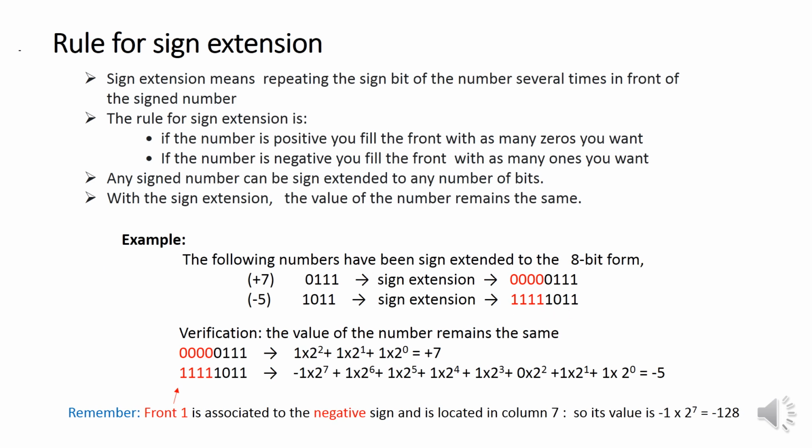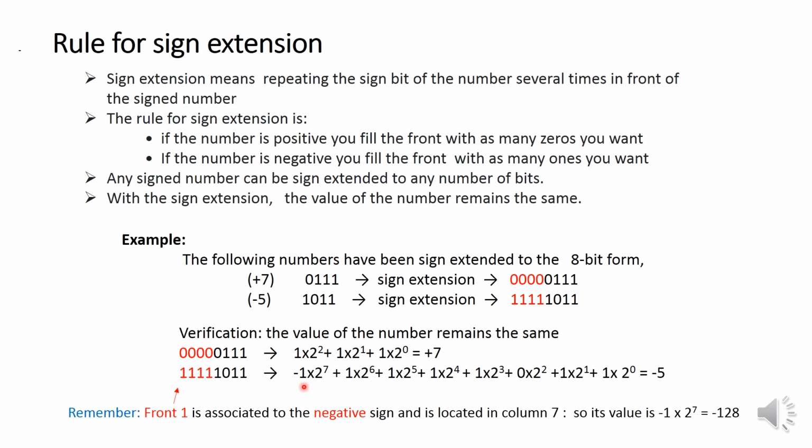For this, we have added 4 ones in front. This is the verification that the value of the numbers remains the same, +7 and -5.